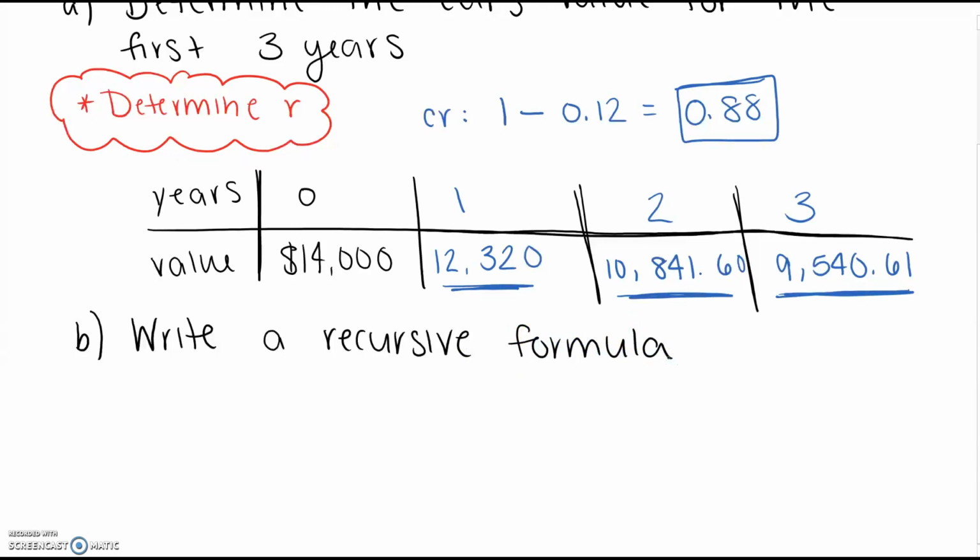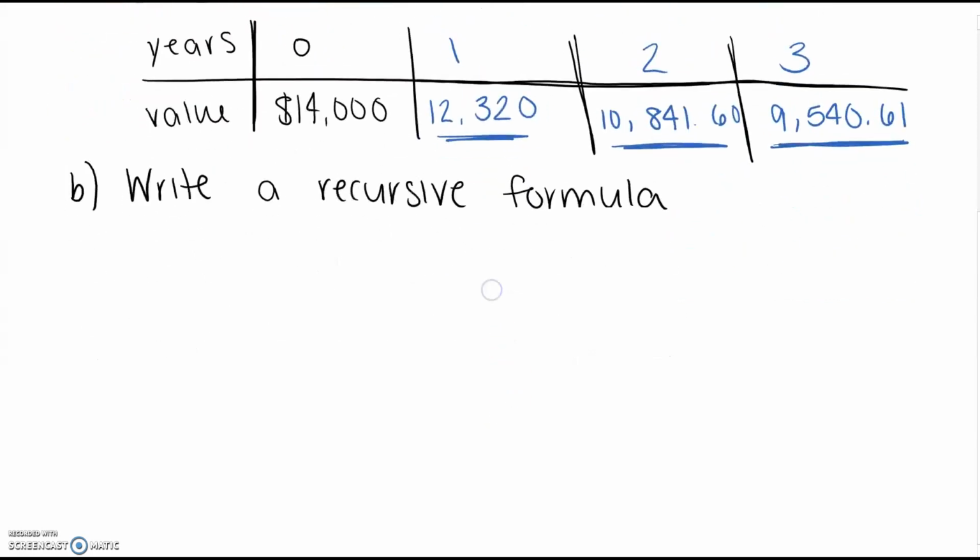So the recursive formula, I'll write both ways, would be a sub n equals, curly bracket. What is the first term? Well, sorry, the zero term. The zero term is 14,000, and that is when n equals 0.